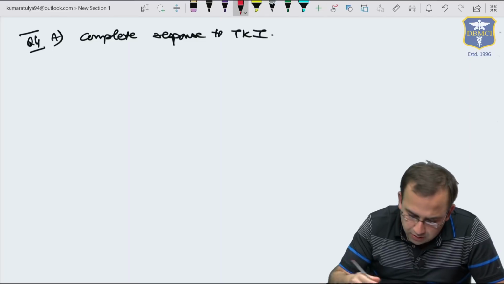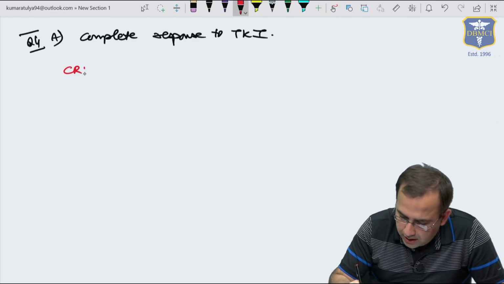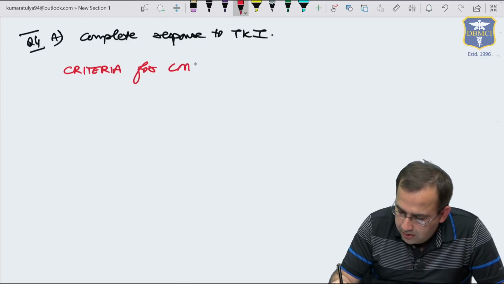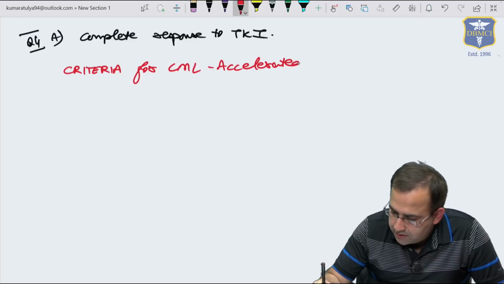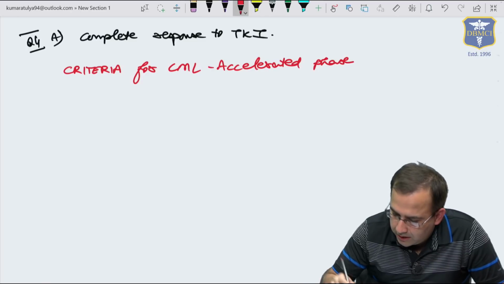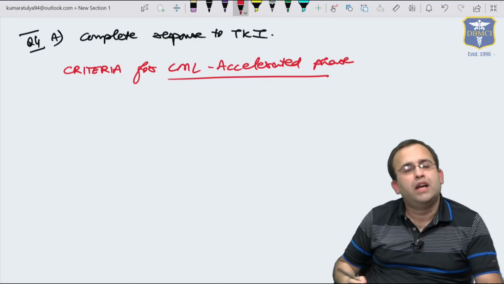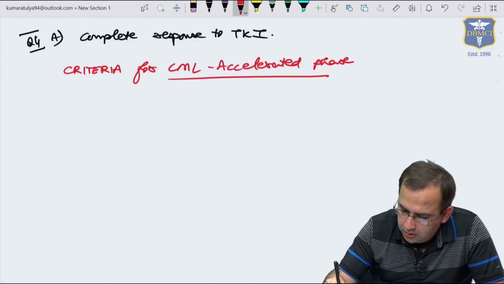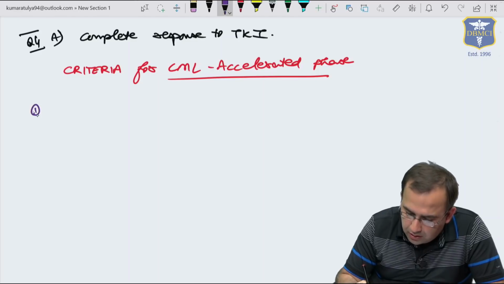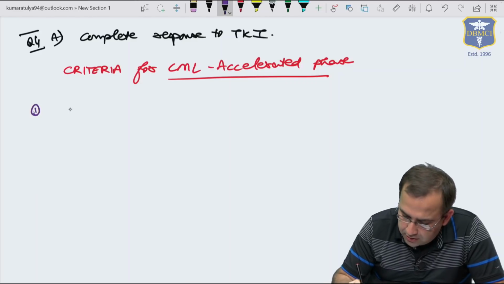So let us have a look at the criteria for CML accelerated phase. First is persistent leukocytosis, that is increased WBCs.